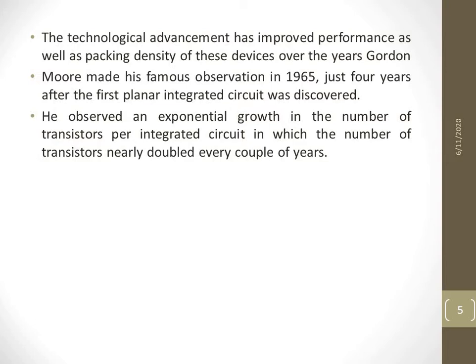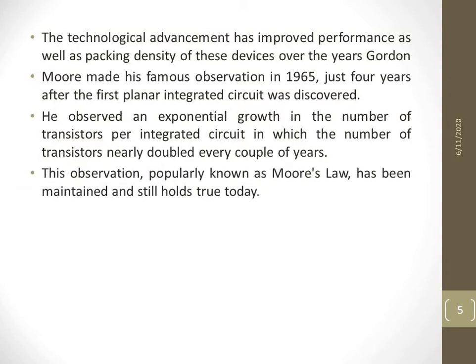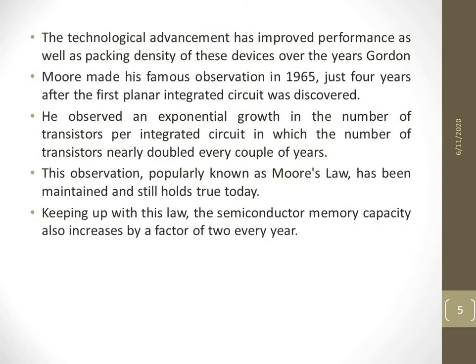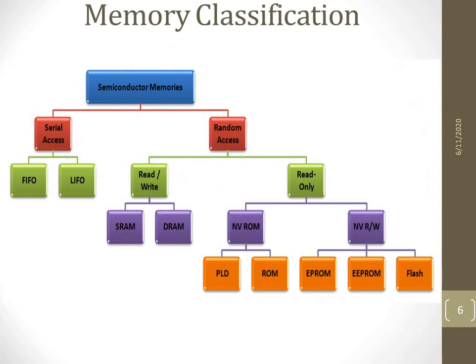He observed an exponential growth in the number of transistors per integrated circuit, which we saw in the first unit also: Moore's law, in which the number of transistors nearly doubled every couple of years. This observation, popularly known as Moore's law, has been maintained and still holds true today. Keeping up with this law, semiconductor memory capacity also increases by a factor of 2 every year.